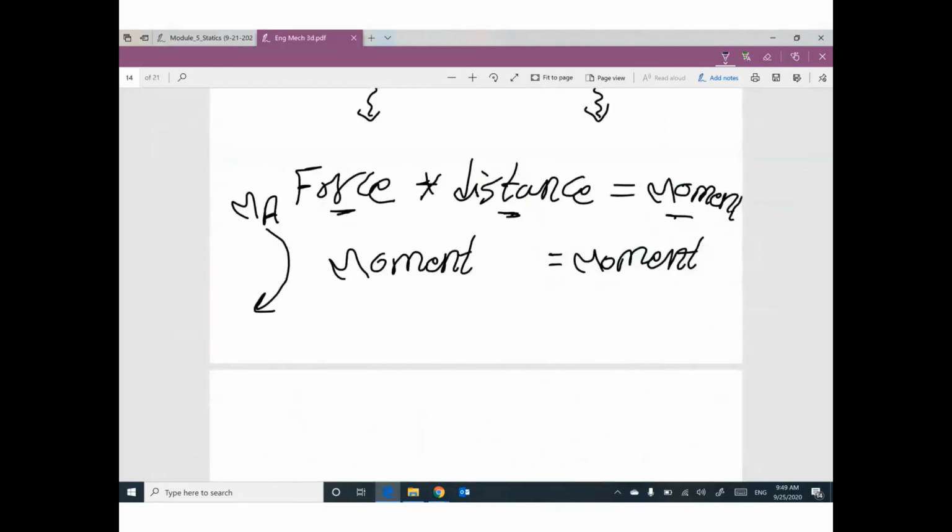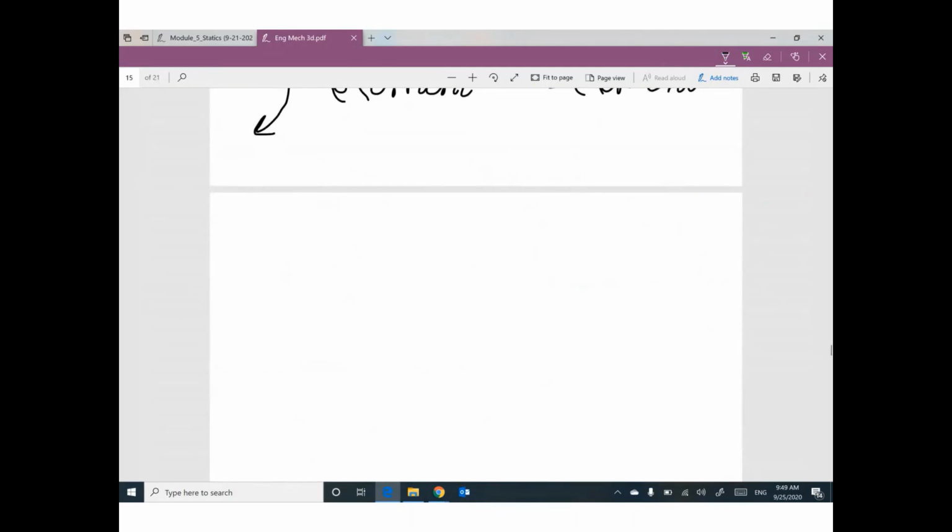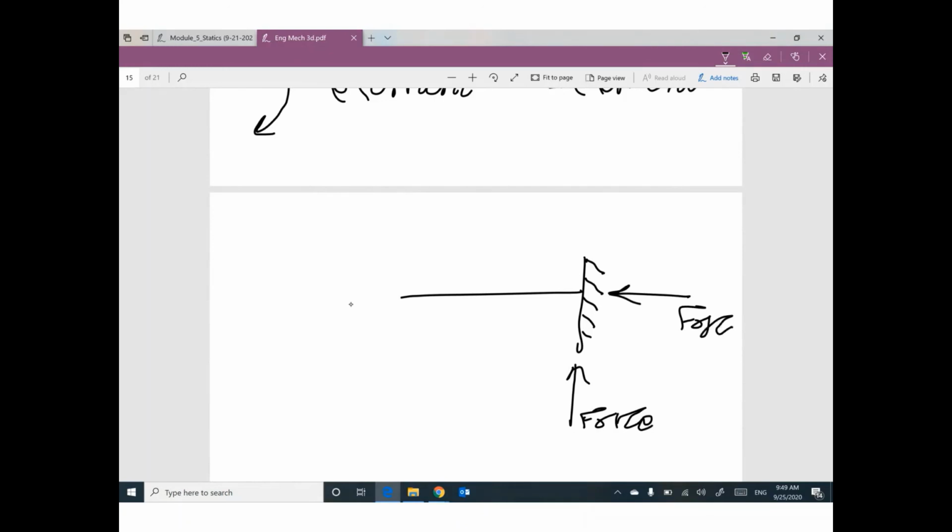It's a tricky point. Keep in your mind, if you have fixed support, we have vertical reaction as a force. We have horizontal reaction as a force. We have moment as a reaction.